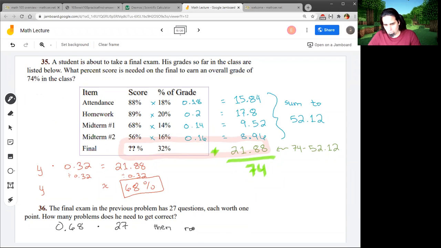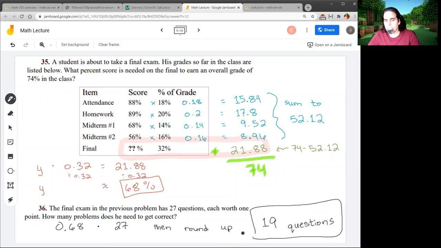Otherwise, we're going to not quite have enough points. So this person in the problem needs 19 questions correct to get the grade they want for some reason.